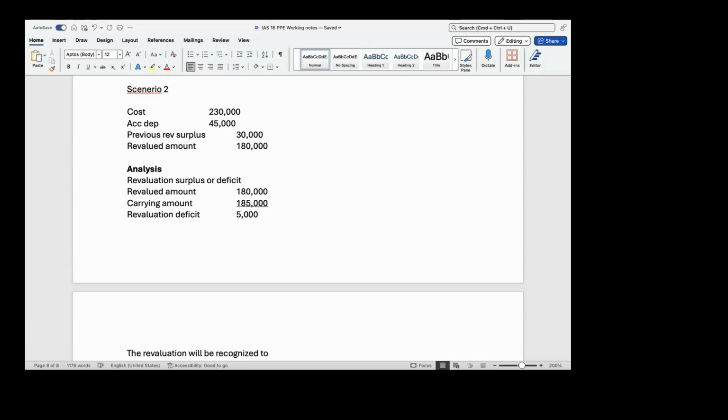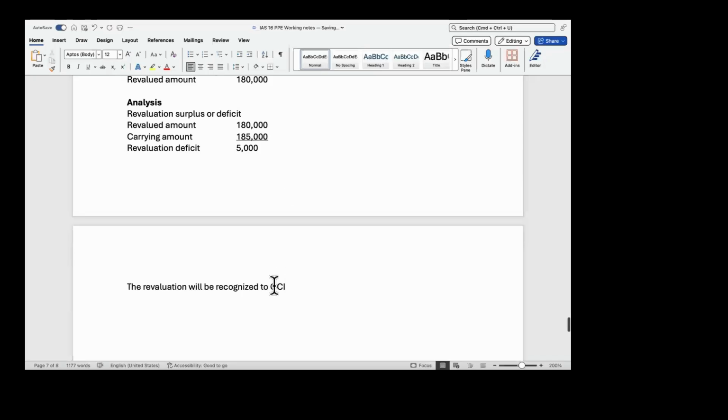So we take off the 5,000 from it. So our revaluation balance will be 25,000. That's correct. This revaluation deficit goes to OCI because there was a previous revaluation surplus. It goes to OCI.